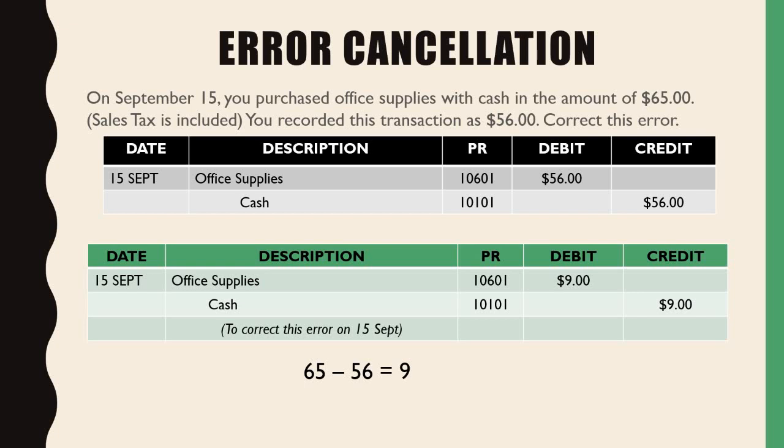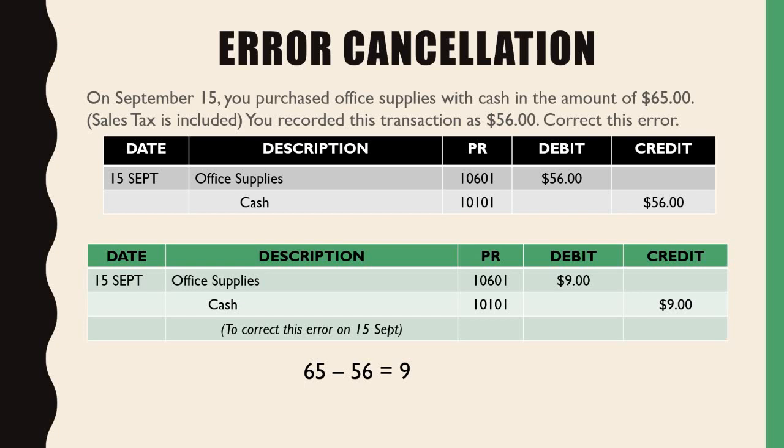Now I have to think, am I missing $9 worth of supplies or am I supposed to get back $9 for cash? That's the part where a lot of times, especially beginner users, can make another mistake by correcting this by saying, I should have $9 more in my hand instead of saying $9 more in office supplies.